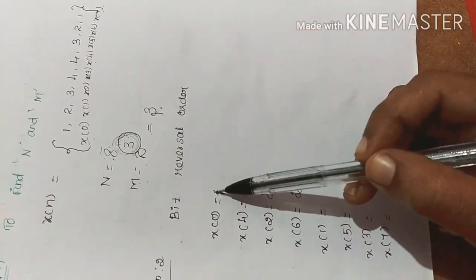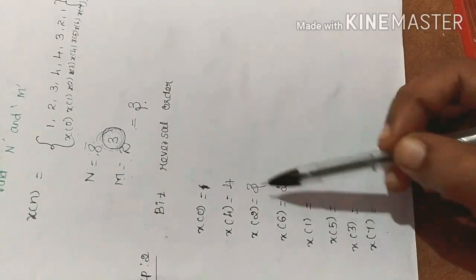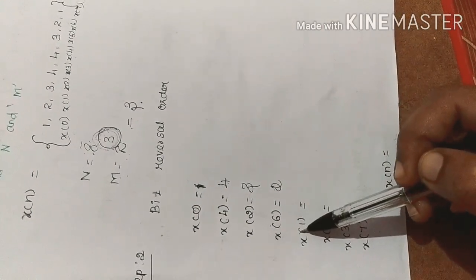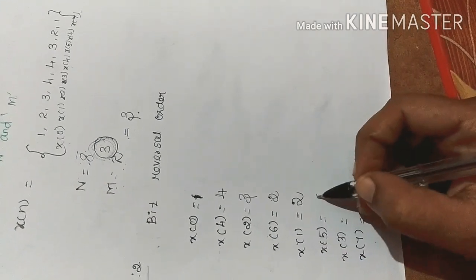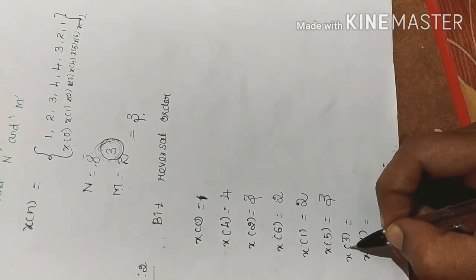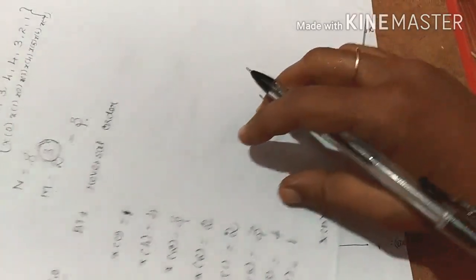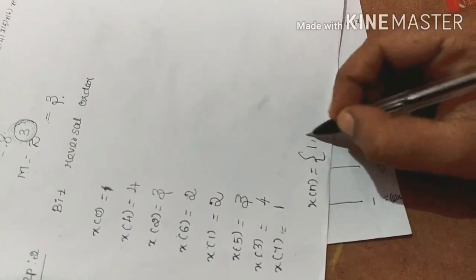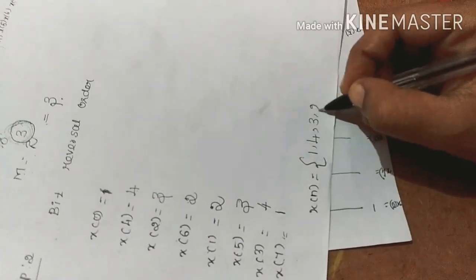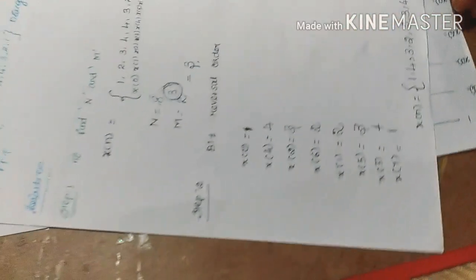Then x of 4 is 4, x of 2 is 3, x of 6 is 2, x of 1 is 2, x of 5 is 3, x of 3 is 4, and x of 7 is 1. So finally our x of n for this sum is reconstructed as 1, 4, 3, 2, 2, 3, 4, 1. This is step number 2.